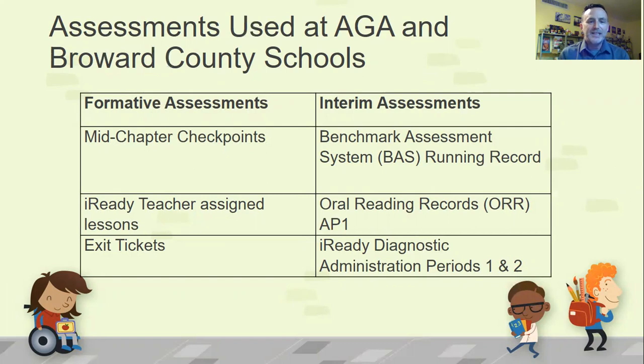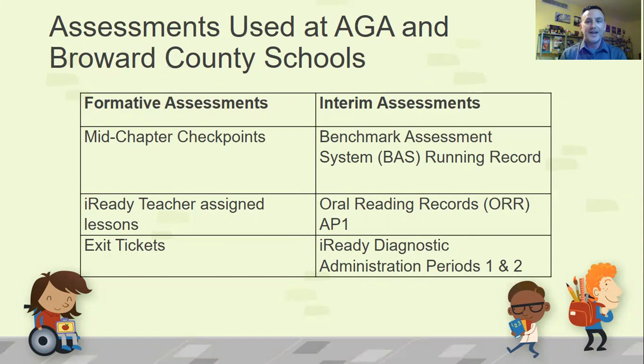And iReady teacher assigned lessons are amazing. I love iReady. This is a way for teachers to really pinpoint specific needs for specific students. Interim assessments: benchmark assessment system, running records, the BAS. So the BAS is interesting because it's a diagnostic, but it's also an interim. The same thing with the oral reading records.